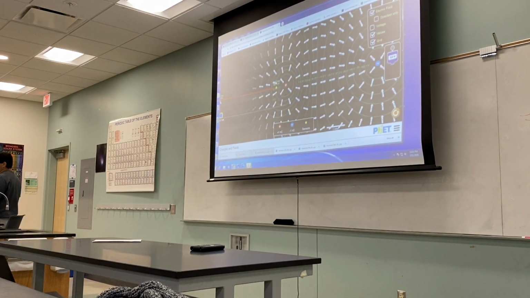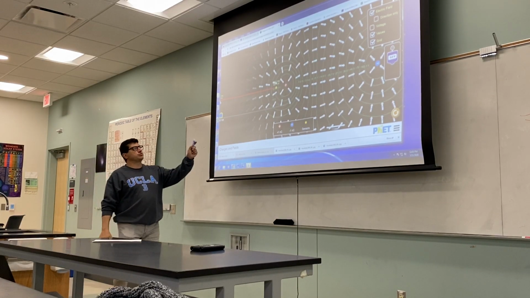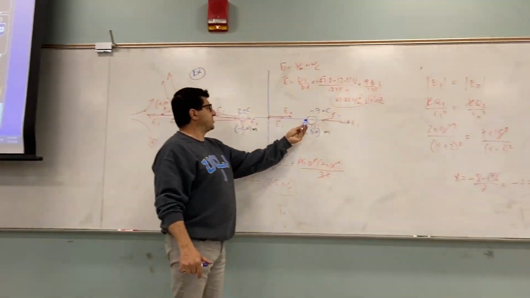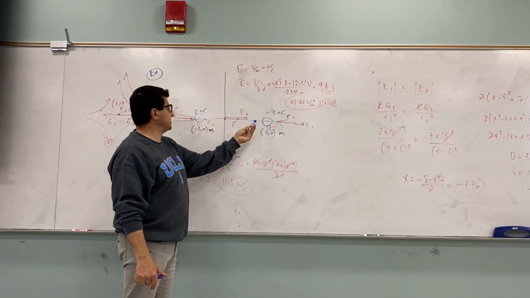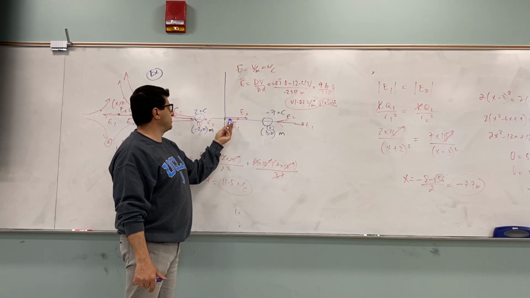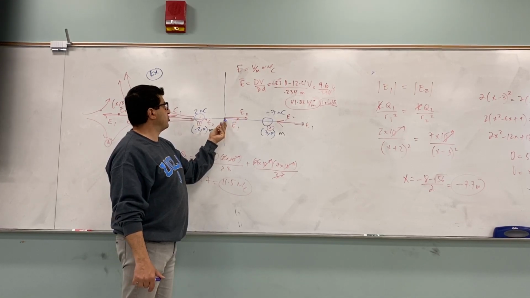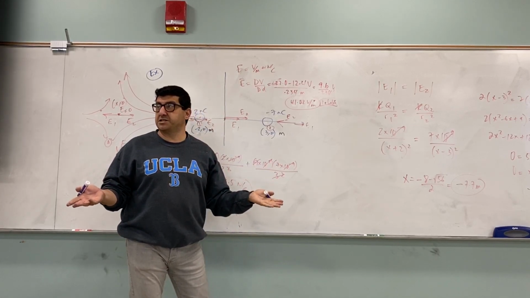Okay, what was the next question? We're on the x-axis. Oh, the other question was, in between the 2 charges, at what point does the electric field reach its weakest? Remember, here and here it's very strong, and then somewhere here it probably reaches its weakest value. At the origin it was 11.5, but that's not necessarily its weakest value.